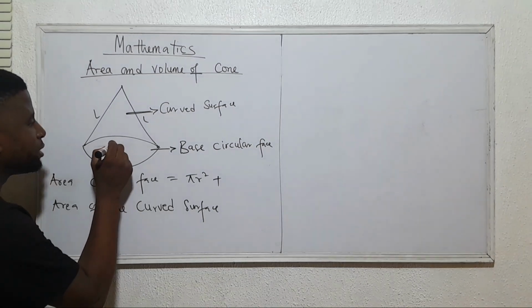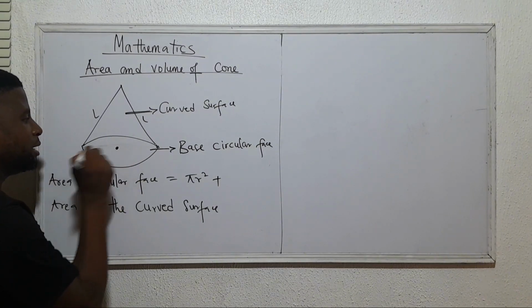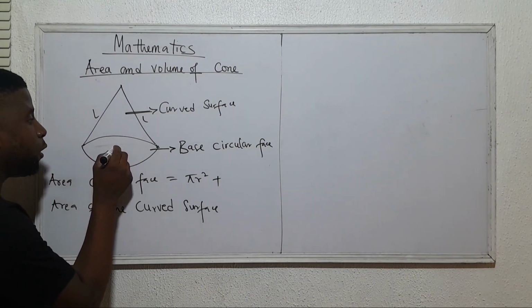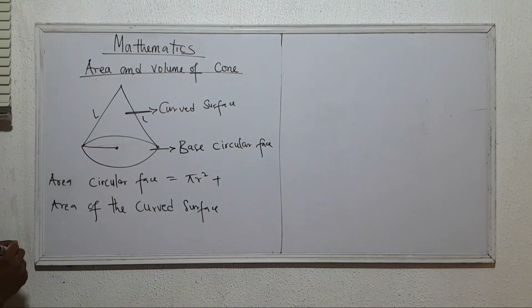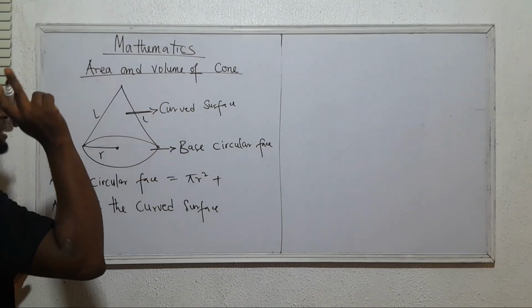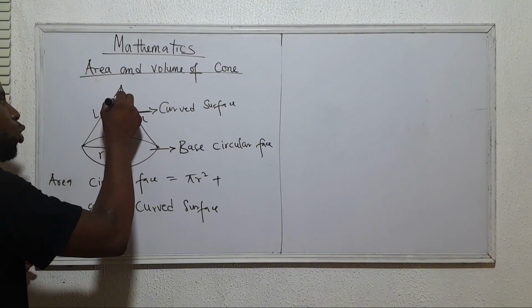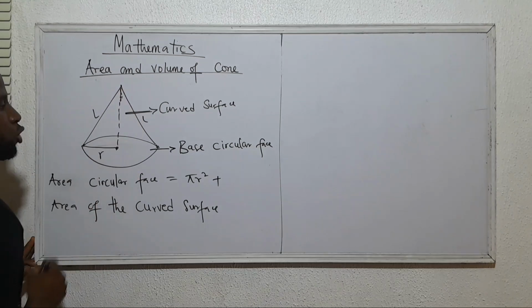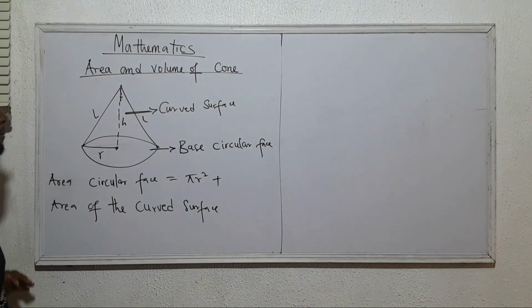And remember, the radius of a circle is the distance from the midpoint of the circle to any part of the circumference, which is the radius of the base circle, right? Now, the height of this cone is the distance from the top of the cone to the bottom of the cone, which is the height.